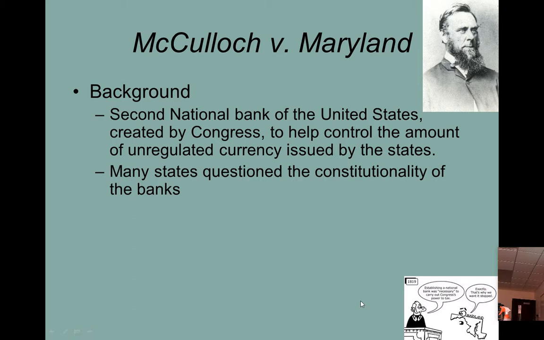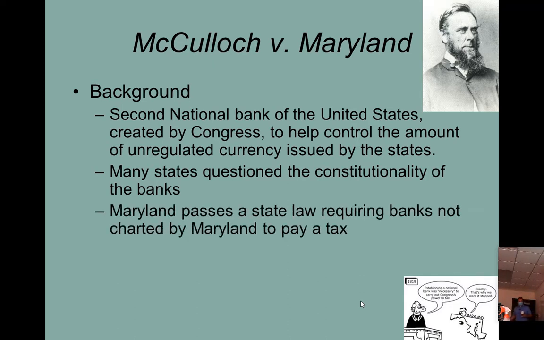Many states questioned the constitutionality of the banks that were being chartered in the states from the National Bank. They questioned the constitutionality of the National Bank. Said Congress didn't have the power to do so.